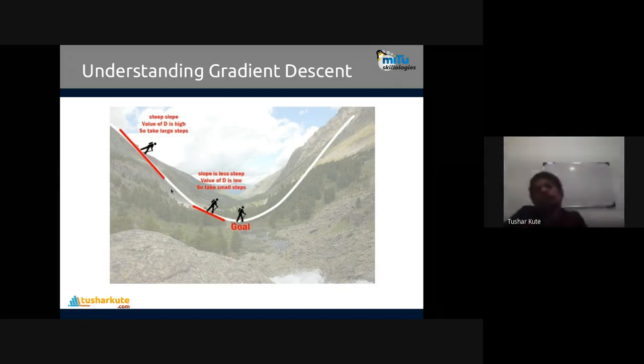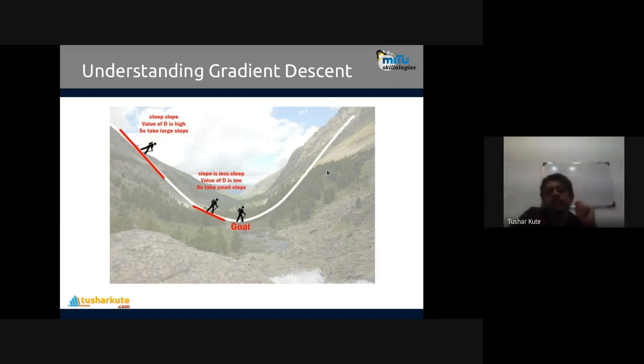As we move closer to the valley floor, the slope will be less and the value of the derivative will be low, so we take small steps to perform these operations and reach the goal. Initially we can take large steps, but as you move on, your steps will be smaller. It's a valley descent, which we call gradient descent.